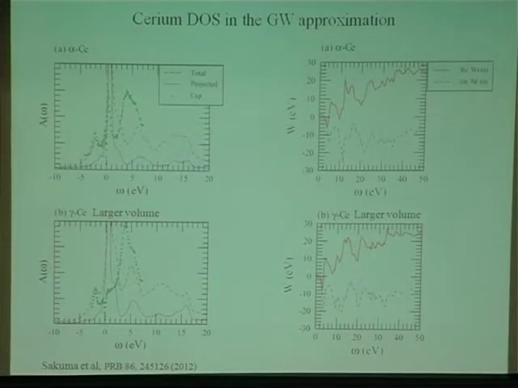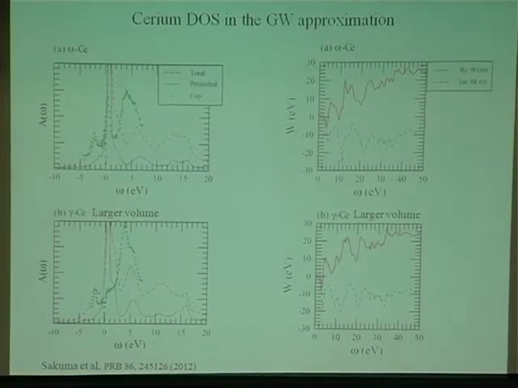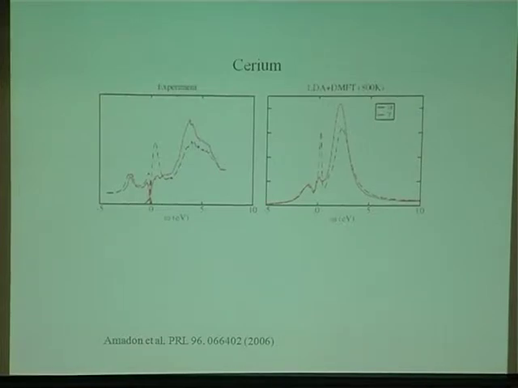So one would then like to add the vertex corrections on top of the GW self-energy to improve the descriptions of the spectral functions. So this is LDA plus DMFT calculations for the cerium.